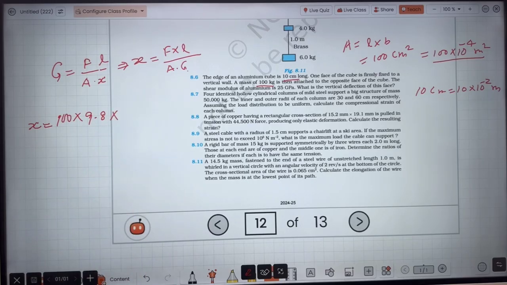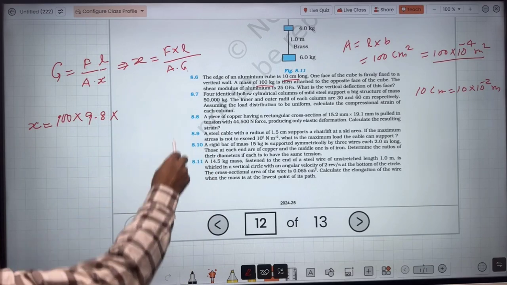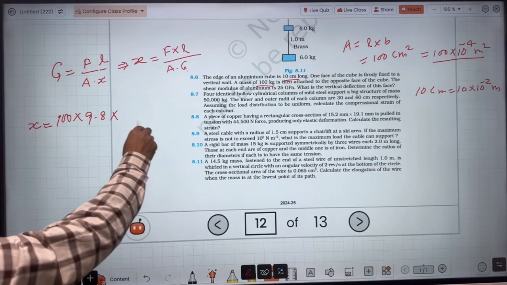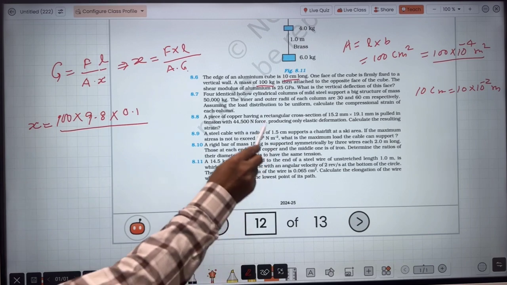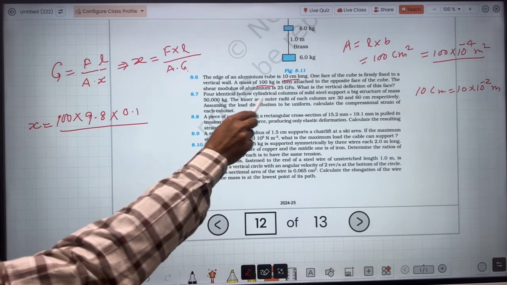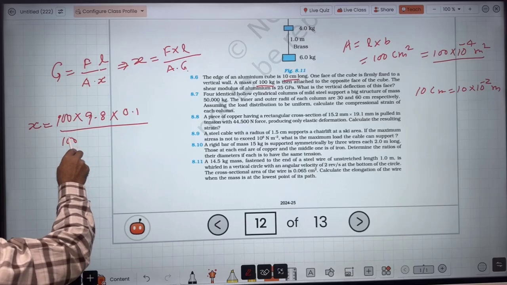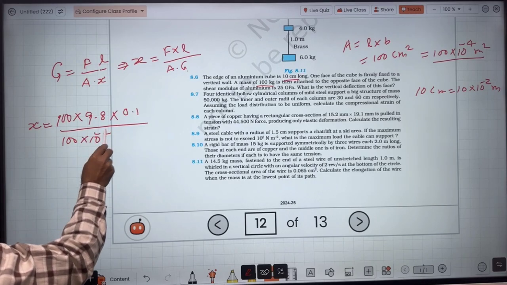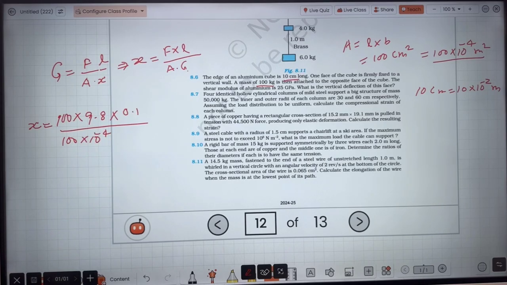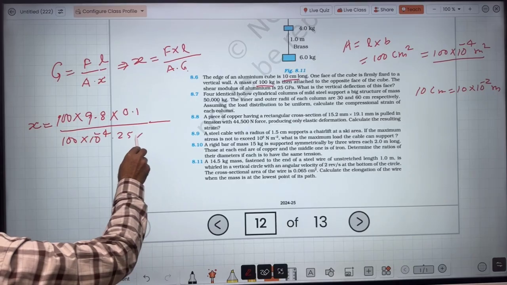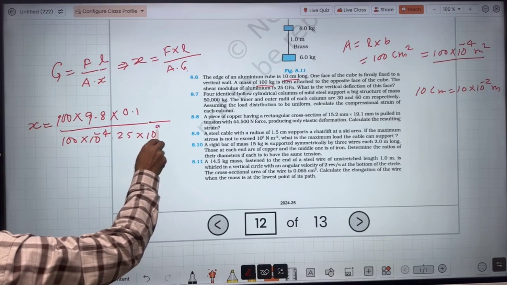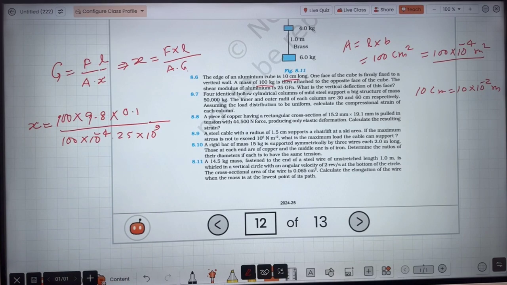And length is the same, edge of aluminum, length is 10 cm, so 0.1, divided by area of that face, 100 into 10 to the power minus 4, and then G, value of G is 25 giga, 10 power 9.